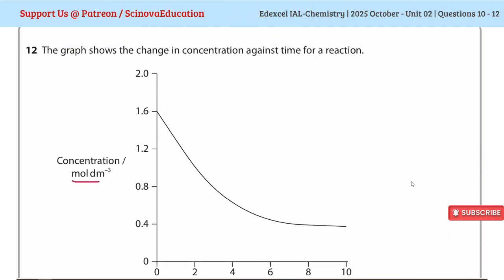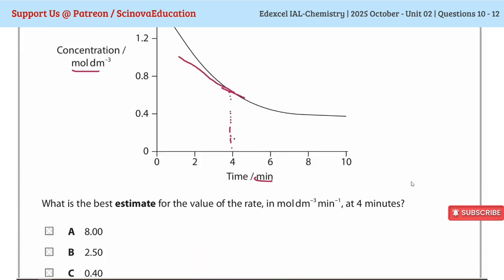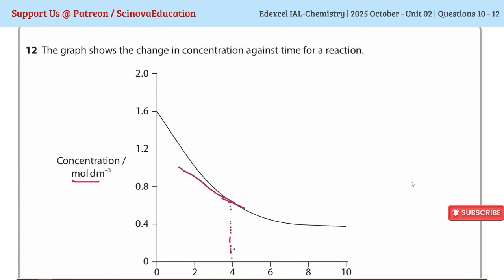And at 4, the standard way is to make a tangent at 4 to the graph and determine the gradient of that tangent. But here we have to get an estimate that can be done even without doing that.